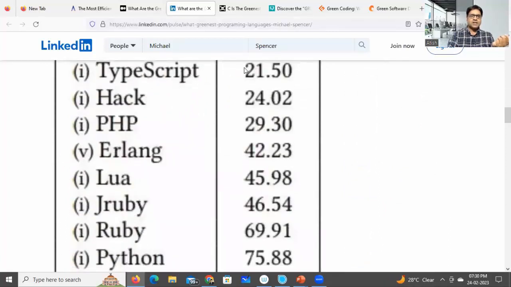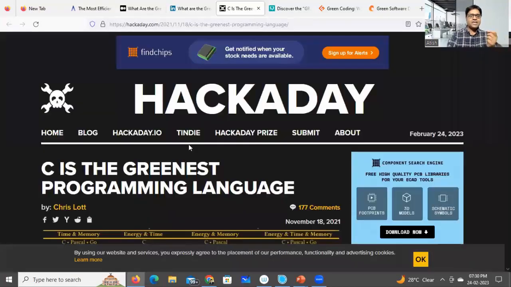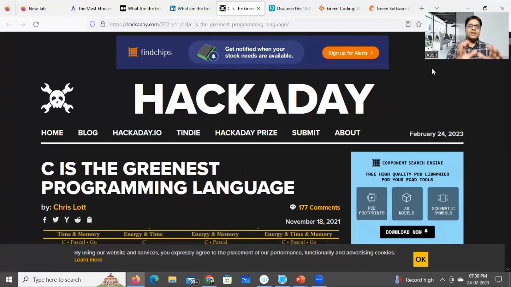And then there is one more article: C is the greenest programming language. And I'm so happy that I keep on promoting C language. It's not that I say you should learn only C language, but my point is this. If you want to practice programming logic, like printing 100 natural numbers, finding the biggest of two numbers, or calculating total and average for three input subjects, then why would you use Python?